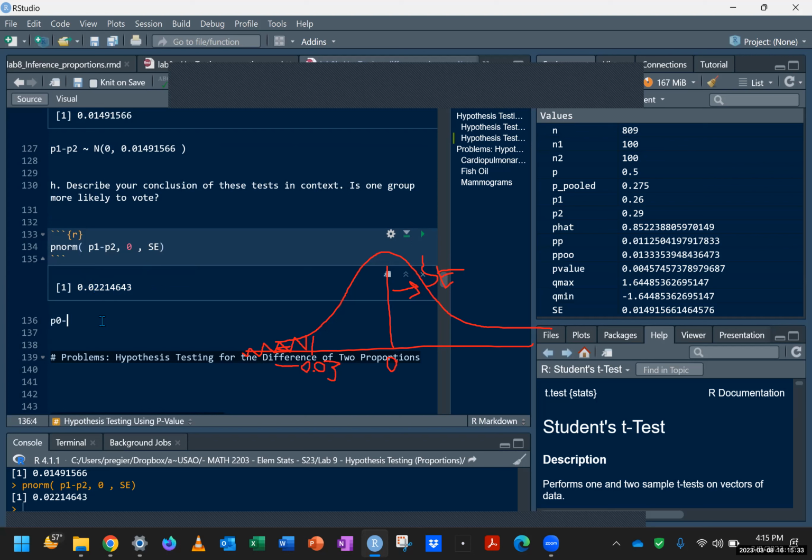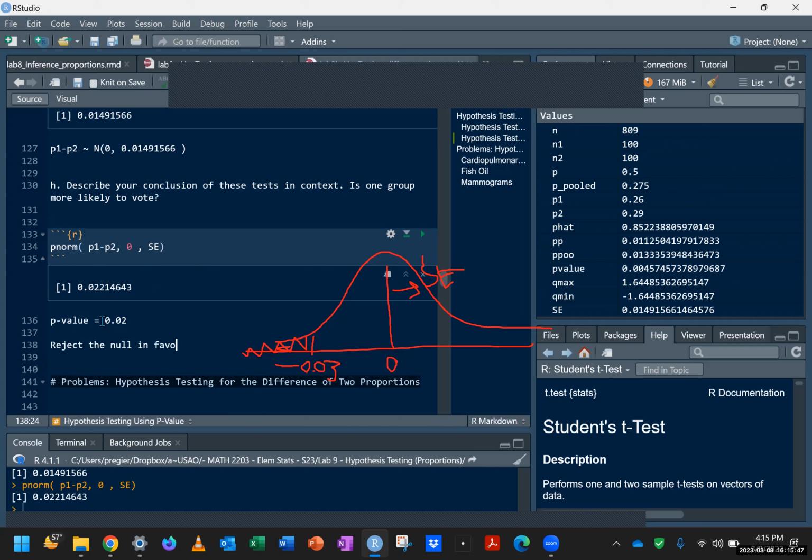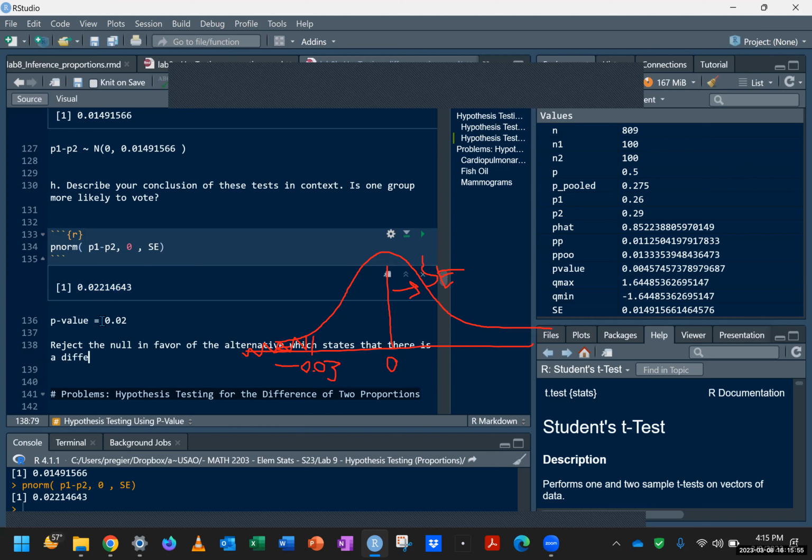So the p-value is 0.02. This says getting so small is evidence to reject the null in favor of the alternate, which states that there is a difference. This means the older group is more likely to vote.